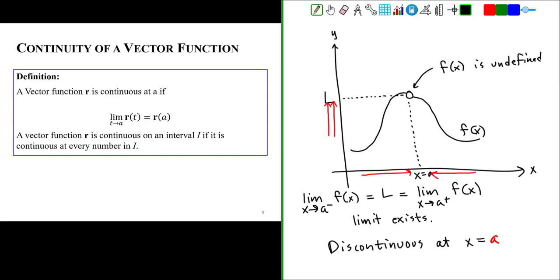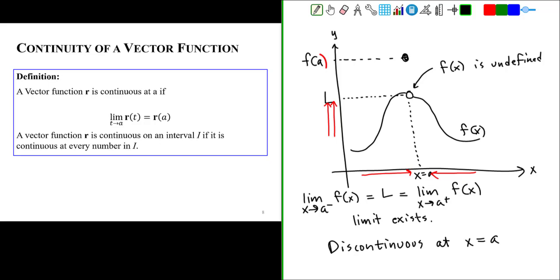Well, even if f of x was defined at that point, f of x might be this value up here. So we could define f of x to be our value f at point a.